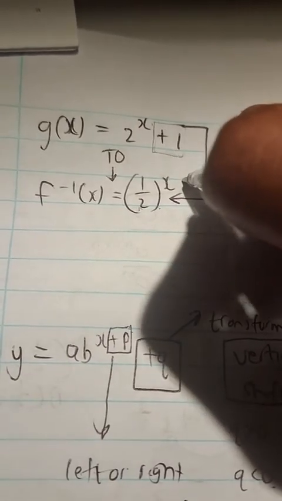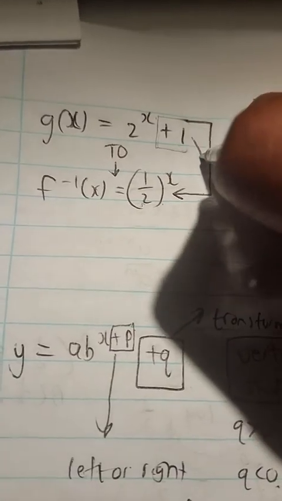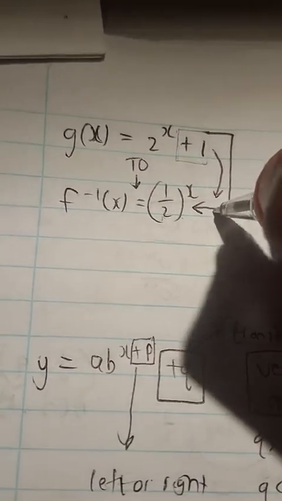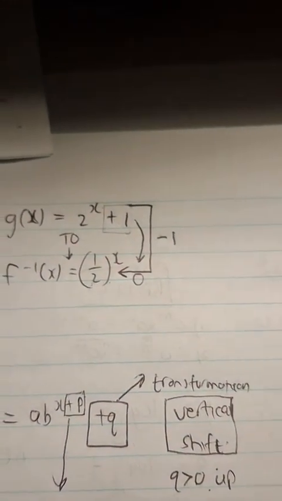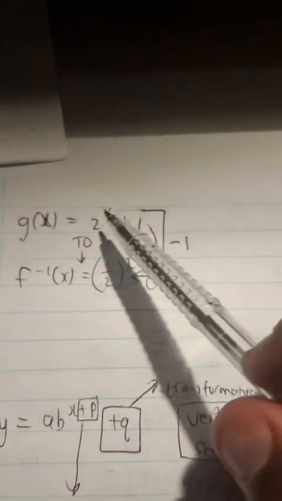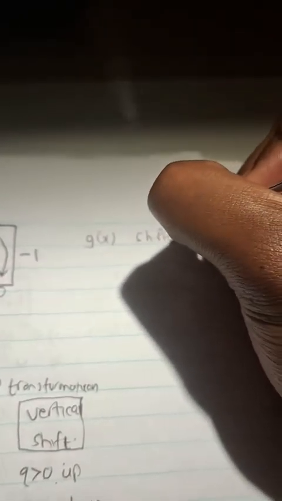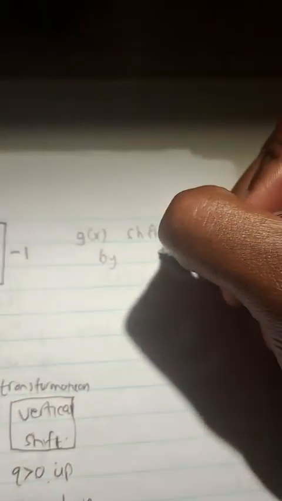Now what's happening? From +1 to having 0. What happened? It means we subtracted 1, right? Now, if you subtract 1, what happened to G? G of x shifted down by 1 unit.